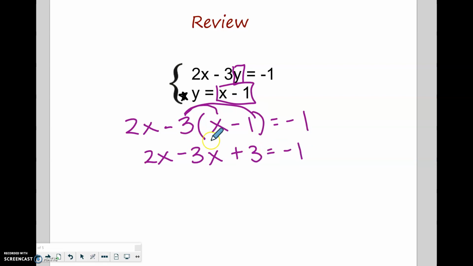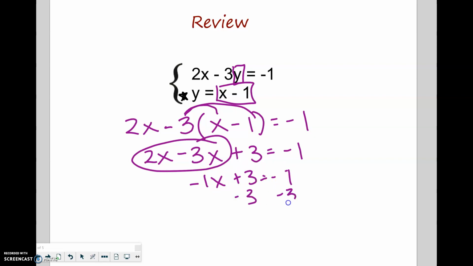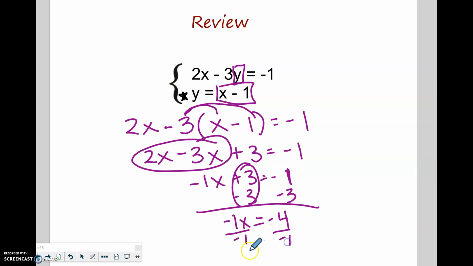So then I'm going to combine like terms. These two can be combined. So 2x minus 3x would be a negative 1x. And then I'm going to subtract 3, so negative 1x equals, this was a negative 1 minus 3, which is negative 4. And I'm going to divide both sides by negative 1, so x is equal to 4.